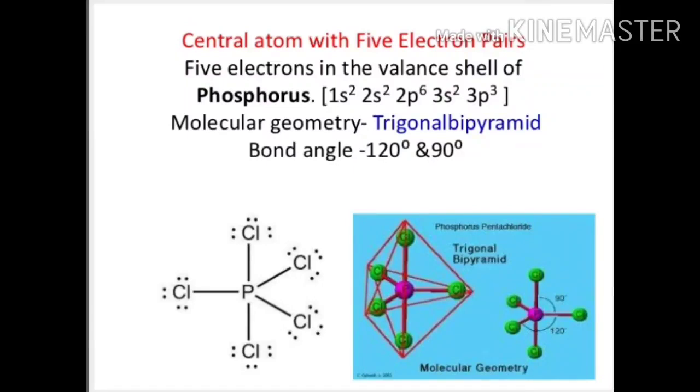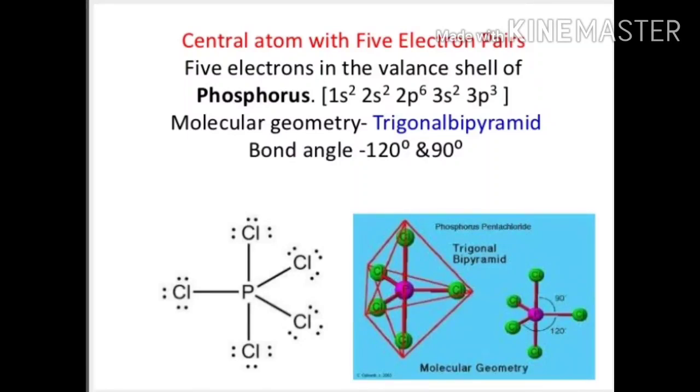Here, 5 electrons are present in the valence shell of phosphorus, and all the 5 electrons are involved in the formation of bonds with 5 chlorine atoms, and the shape of the molecule is trigonal bipyramidal. Bipyramidal means there are 2 pyramids, one above the plane and one below the plane of the trigonal shape.